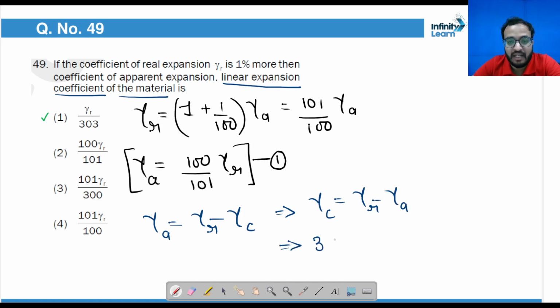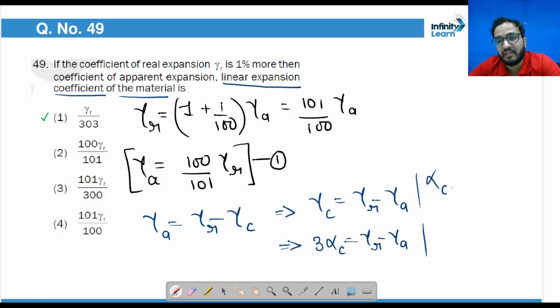So this is 3 times alpha of the container. So you will say alpha C will be gamma real minus gamma apparent upon 3. Now you can put the values, right? Yes or no?